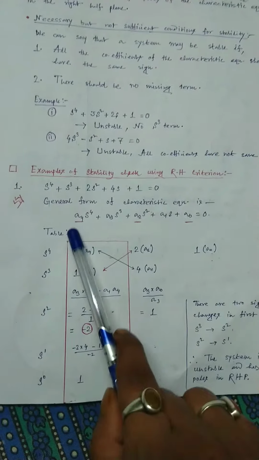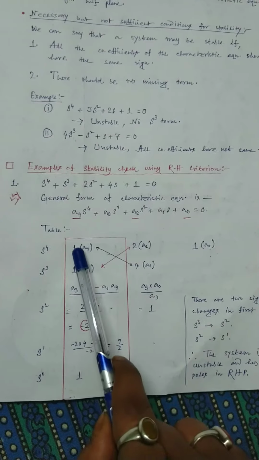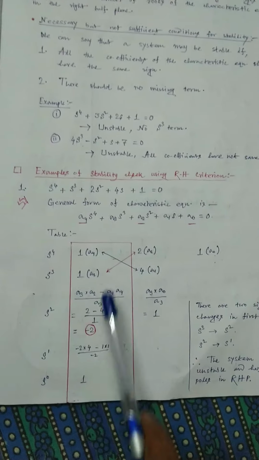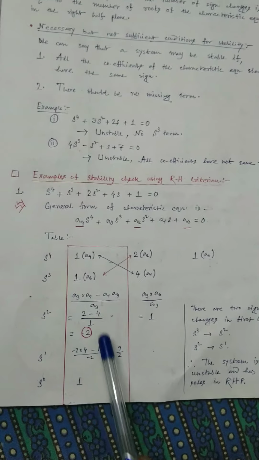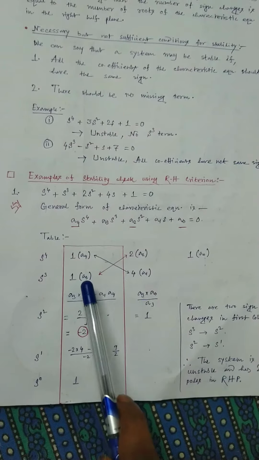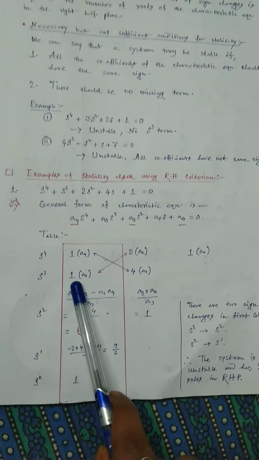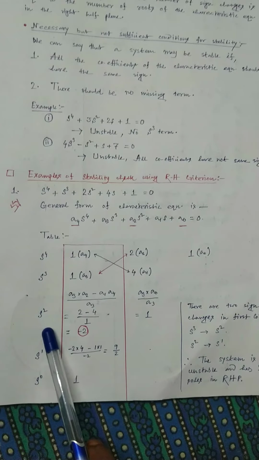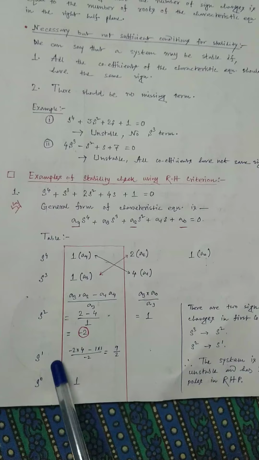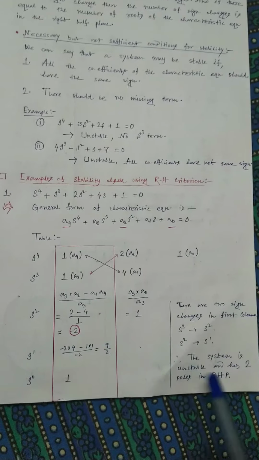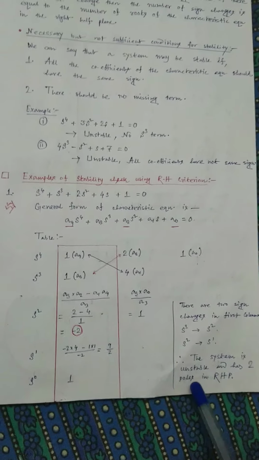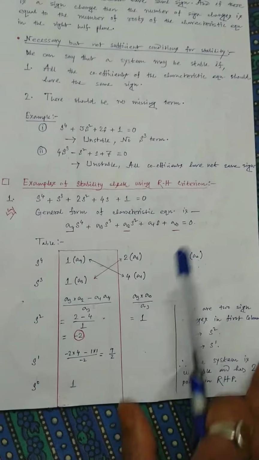So we can see in this first column the entries are 1, then minus 2, then 9 by 2, then 1. So there are two sign changes: firstly from 1 to minus 2, and secondly from minus 2 to 9 by 2. So we can say the system is unstable and has two poles in the right half plane.